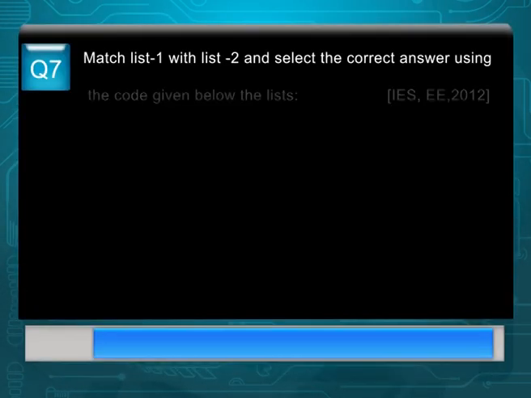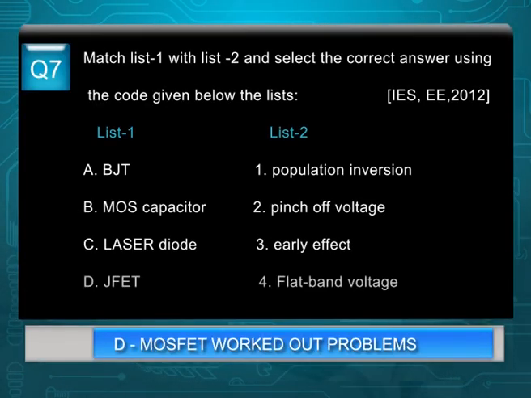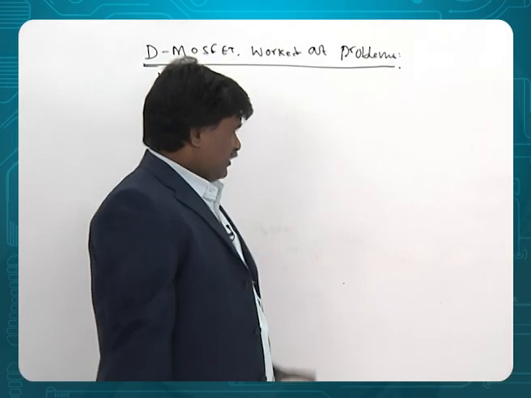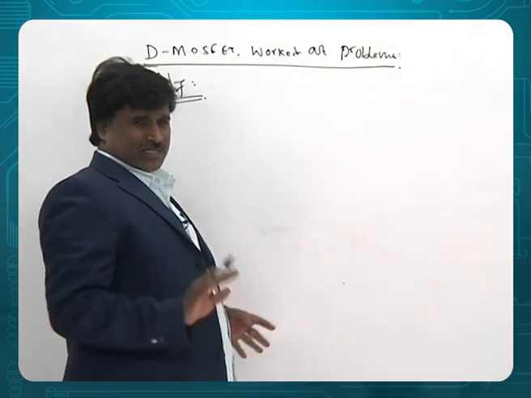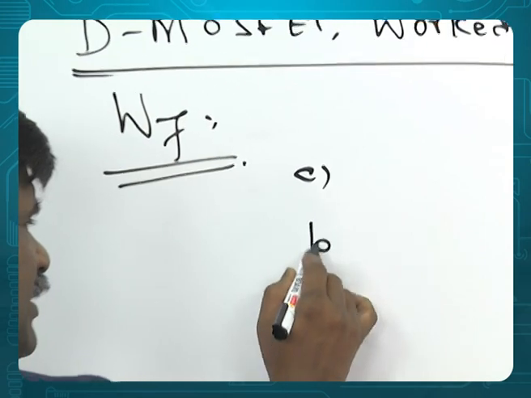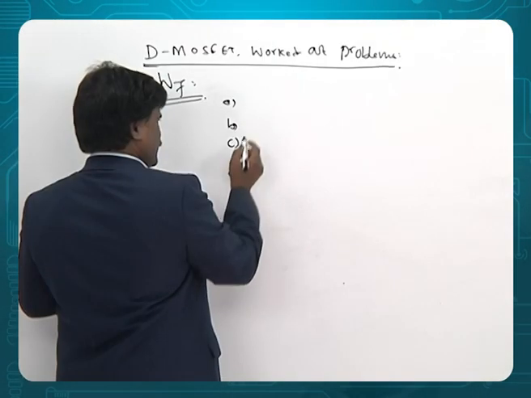Problem number 7. This is a matching. Match the following: BJT, MOS capacitor, laser diode, and JFET. In list 2: MOS, population inversion, pinch off voltage, early effect, and flat band voltage. In matching, I'll take the answers and then match the things.